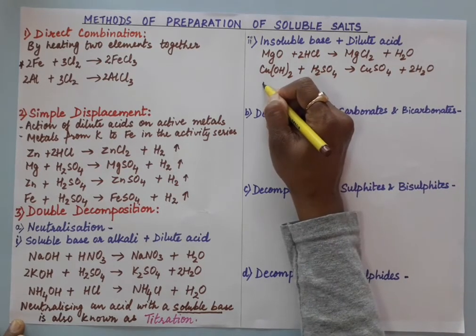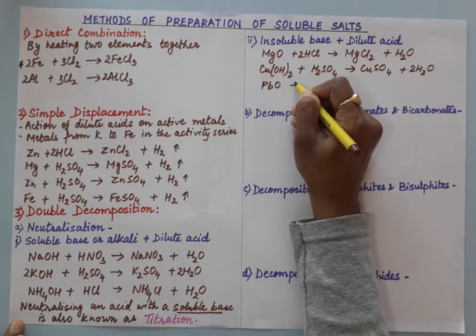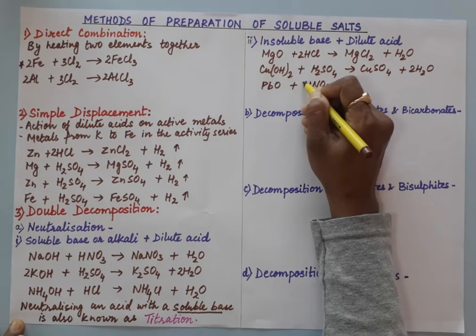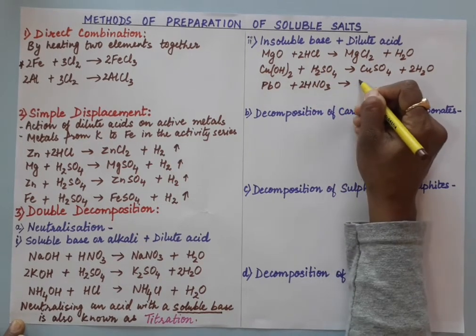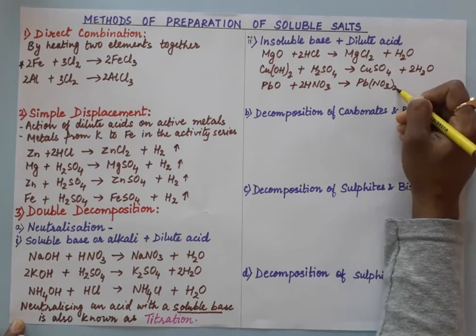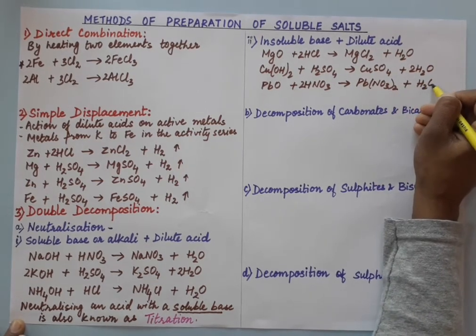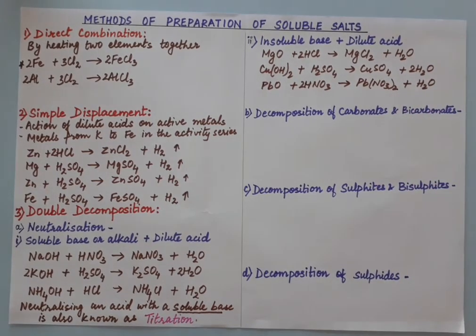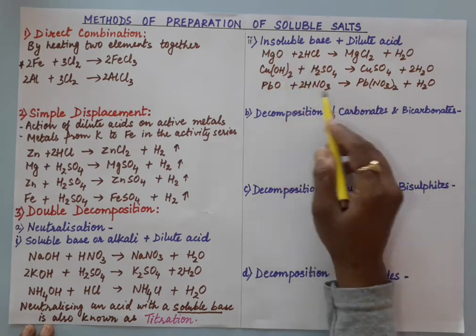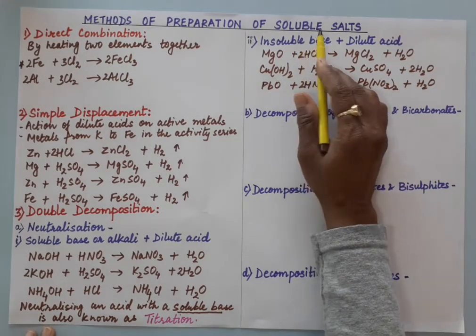Next, all metal oxides and all metal hydroxides are bases, and if we take a different acid, it will give us the corresponding salt plus water. But remember, a neutralization reaction will always give us a soluble salt. So these are the reactions, and we are always getting soluble salt.